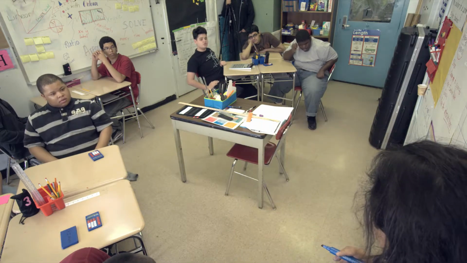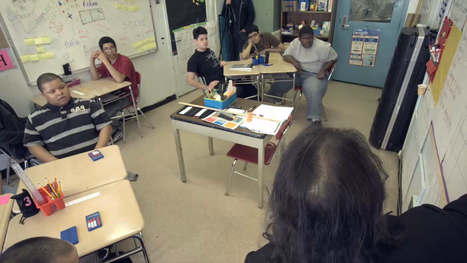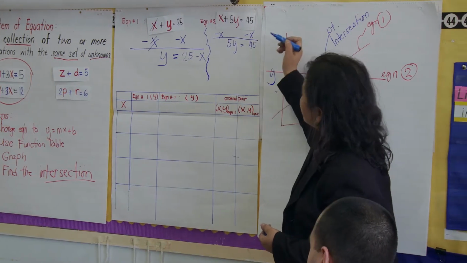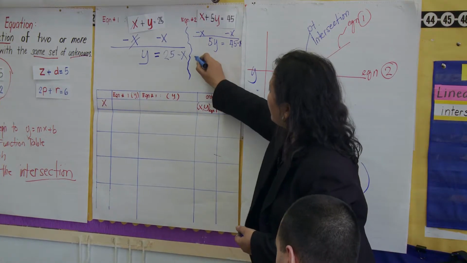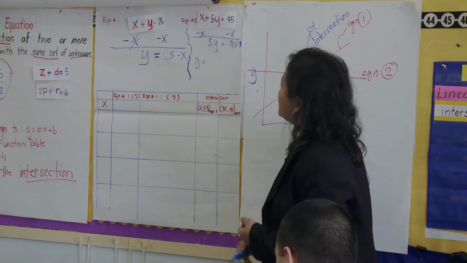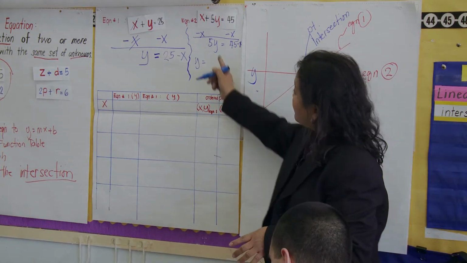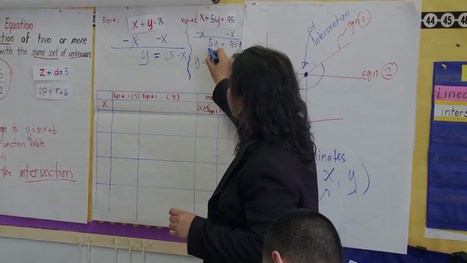Then it's 5y equals 45 minus x. So what's going to happen now? y is equal to 45... Remember you have 5 here, 5y. So we need to take that out also.